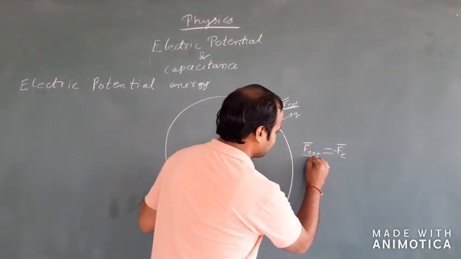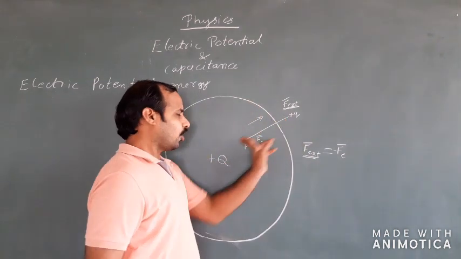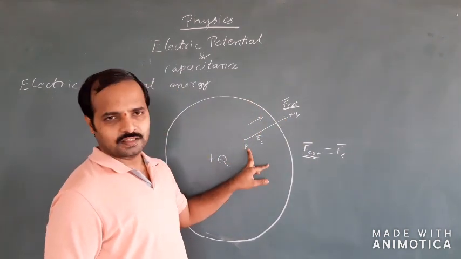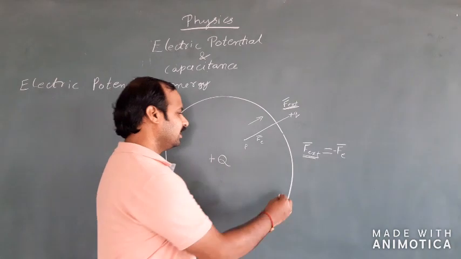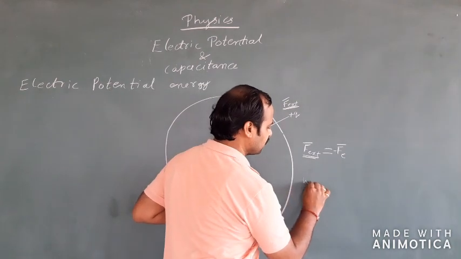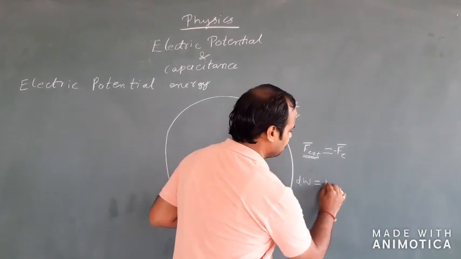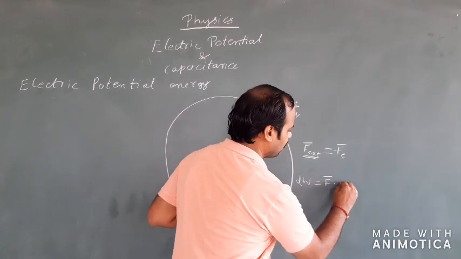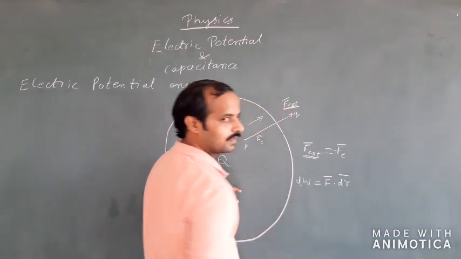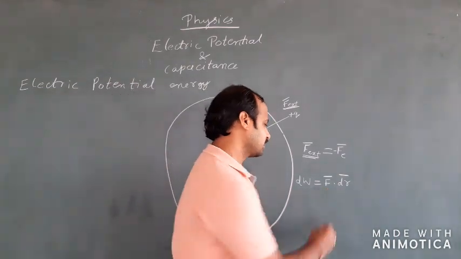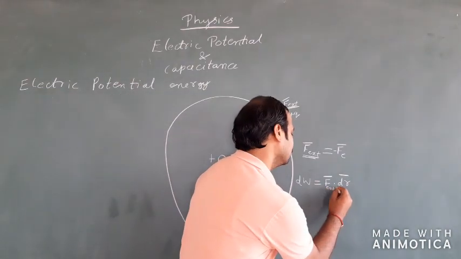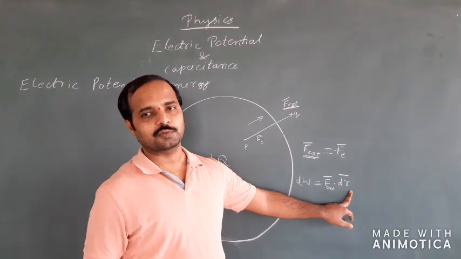Since we are moving this charge opposite to the direction of the field, some amount of work is done, and this work dW we give as dW = F_ext dot dr, that is, the external force and the displacement vector.